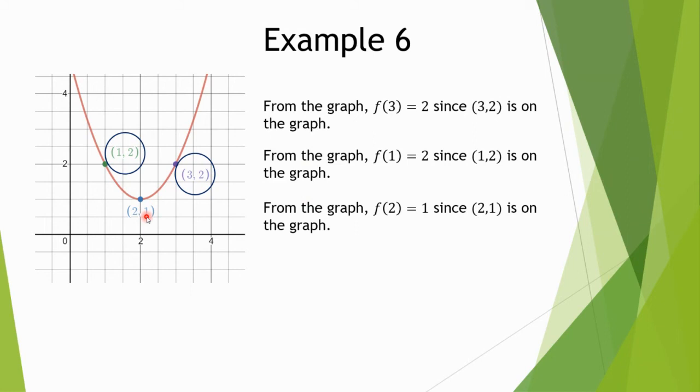And of course, f of 2 is 1, since again, (2, 1) is on the graph. Here it's labeled (2, 1). Good. Are there any questions about that?